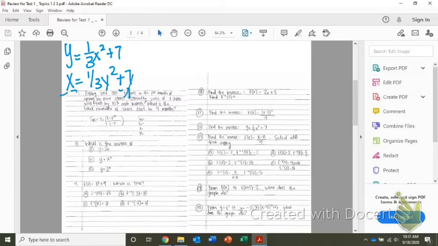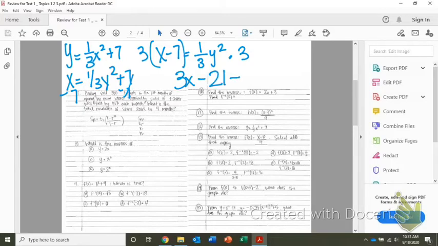I'm going to subtract 7 from both sides, and I get x minus 7 equals 1/3 y squared. Now, before I take the square root, I've got to get rid of that denominator. So, I'm going to multiply by 3 on both sides. And then I simplify. 3x minus 21 equals y squared.